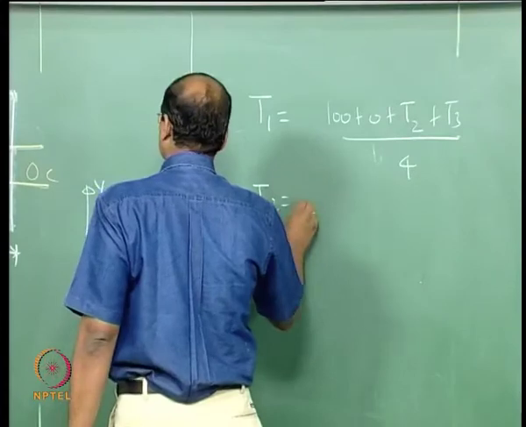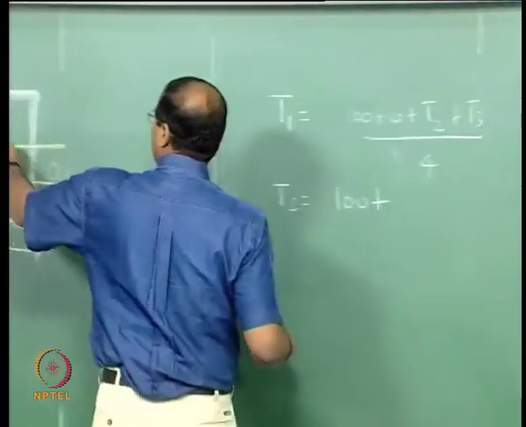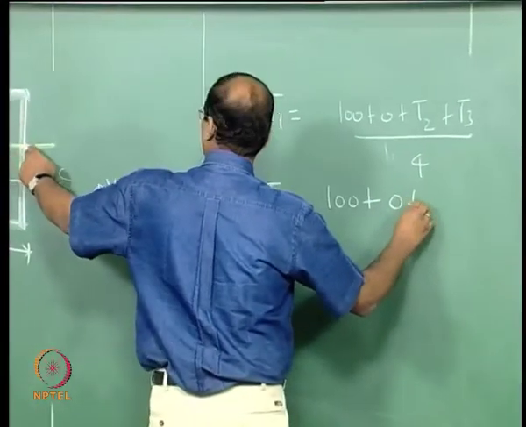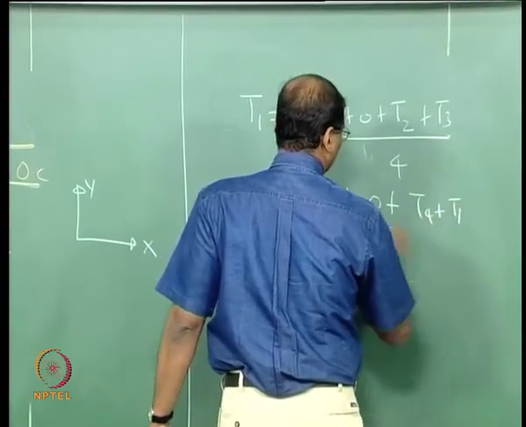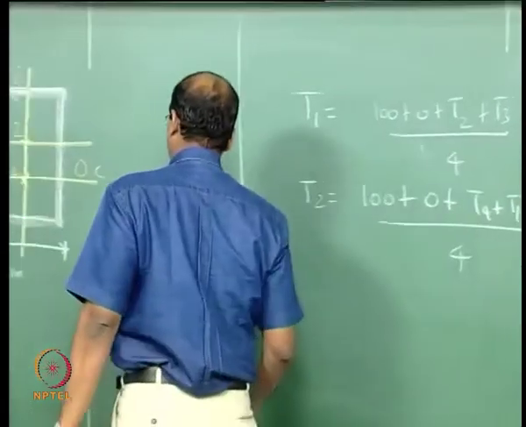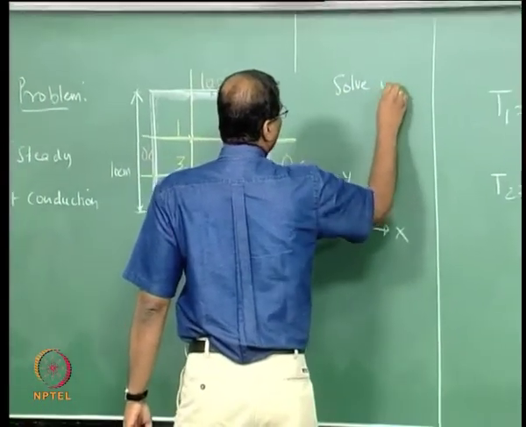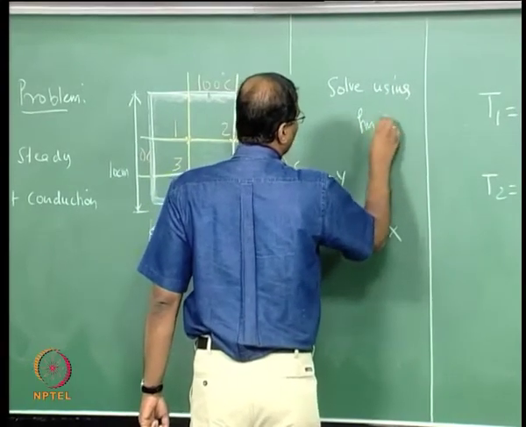T2 will be 100 plus 0. So the question is: solve using finite differences.